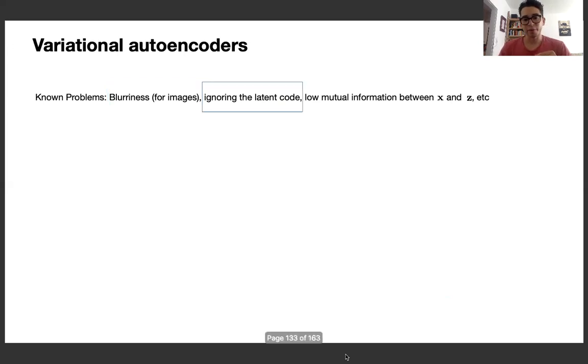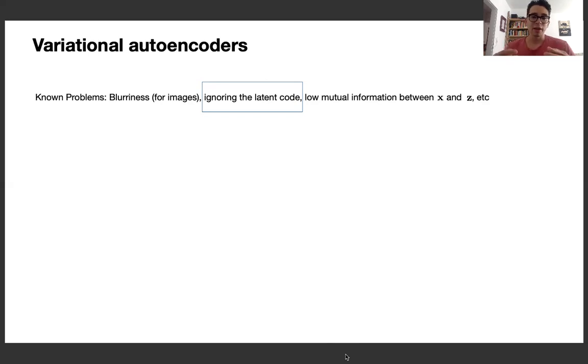Another famous problem, especially for text autoencoders, is when you want to generate text: you take a sentence, encode it to some latent code, go back to the data space, and try to regenerate this sentence.